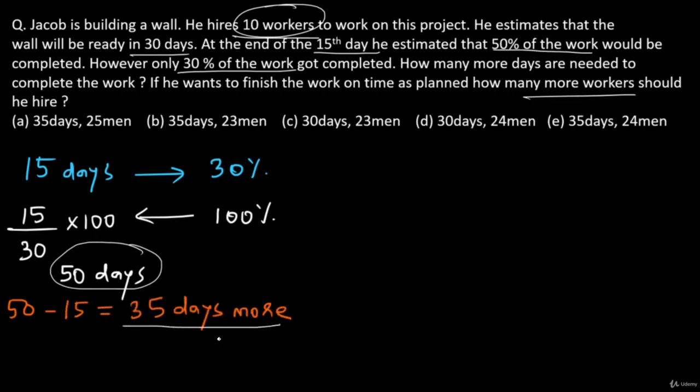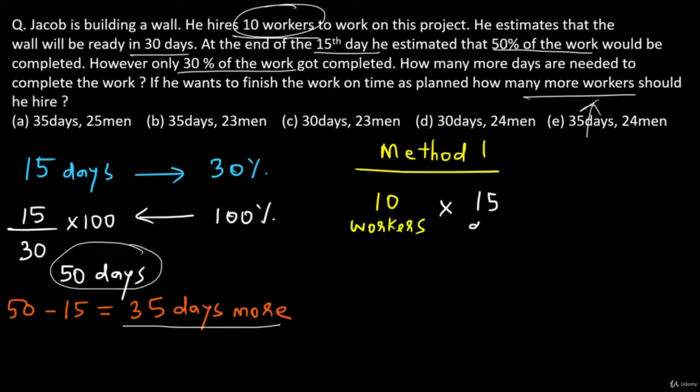All right. Now, let's find the next part using the first method. How many more workers would be needed if he wants to finish on time? Now, 10 workers, when they worked for 15 days, that's 150 man days. And it's given that only 30% of the work was completed.